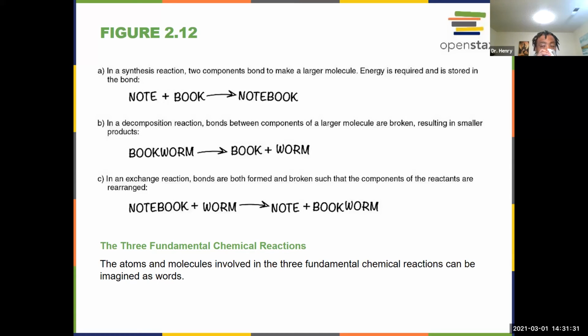Questions, concerns? This is also called the single replacement reaction, where you're just replacing that one thing. The last one is called a double replacement. I also like to call it the swingers reaction.